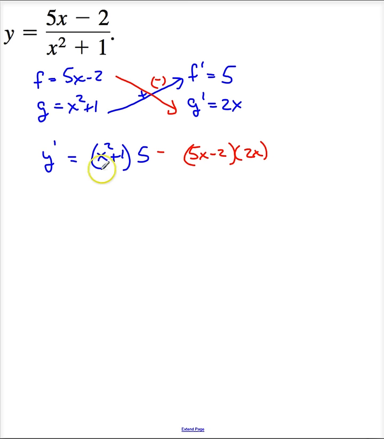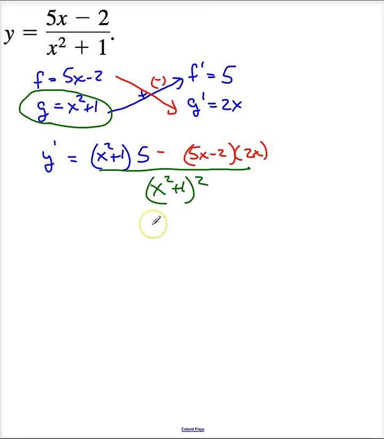And then, of course, it's all over the closest one, which is closest to my y prime, x squared plus 1 squared. I strongly recommend you do write the definition of the quotient rule every time, especially when you're starting.